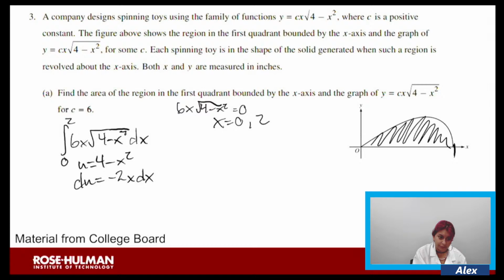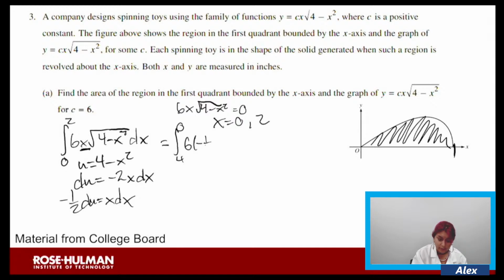You can substitute that and make it negative 1/2 du equals x dx. And that'll help you substitute out this x that's out front. After doing that, don't forget to change your bounds once you do u substitution.